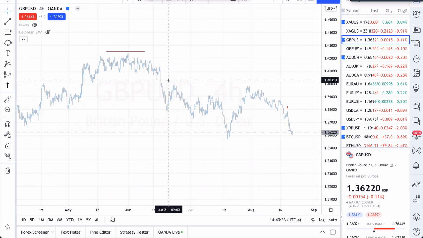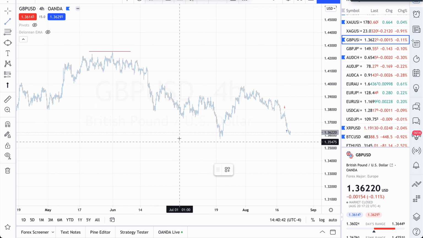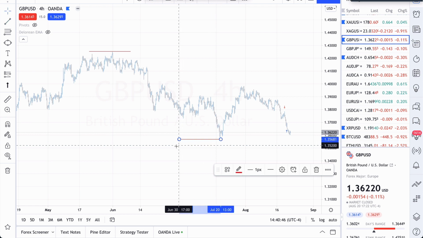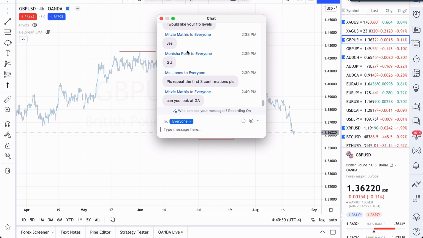I could do that, but I'm looking for where price came to right now, or most recently. This is the lowest point most recently. Does that make sense? Before I continue, let me know if this makes sense. Okay, G Money said yes. Cool.